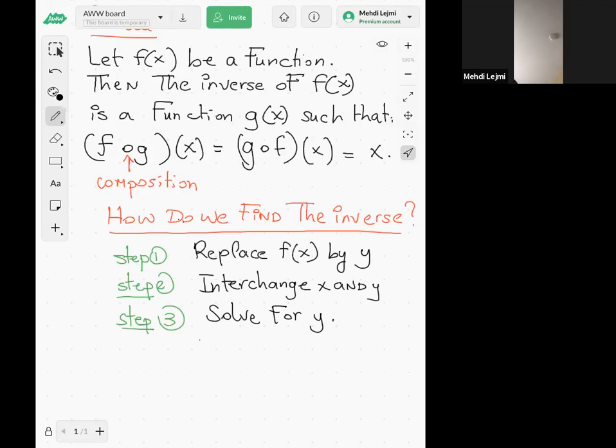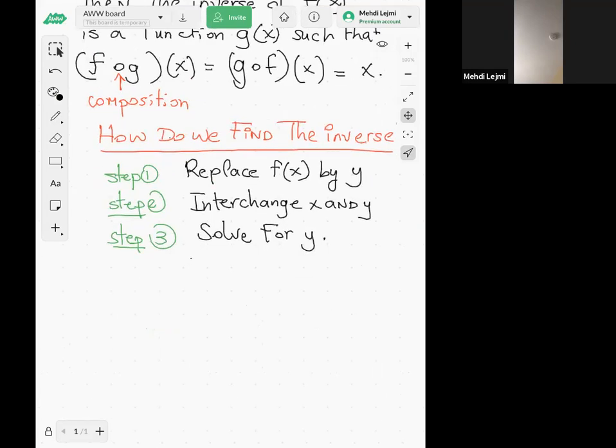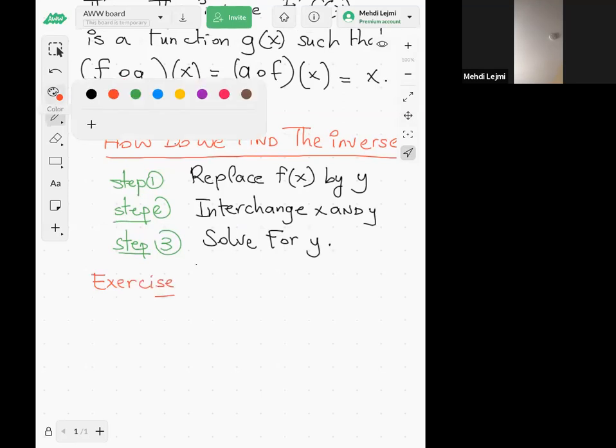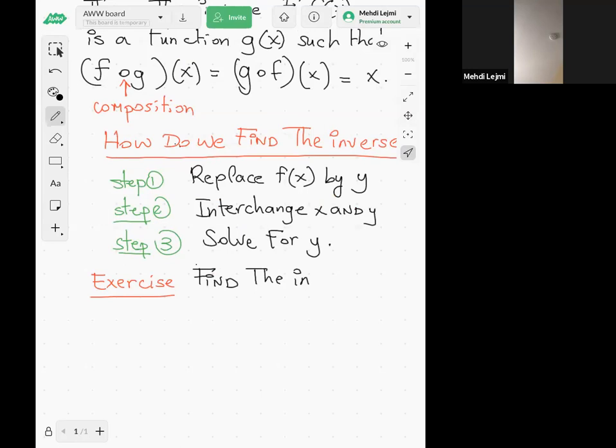But anyway, we have an exercise similar to problem 4 in homework number 5. Please correct me if I'm mistaken. We need to find the inverse of 3 functions.